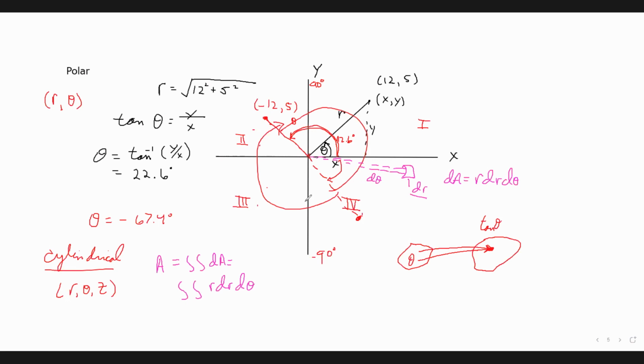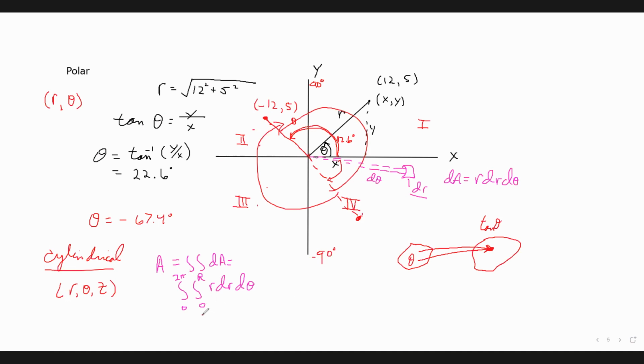Now, for a circle, what are the limits of integration on r? There's 0 to the radius big R of the circle. And what are the limits on theta? Well, I'm going all the way around the circle, so my limits of integration are 0 to 2 pi.